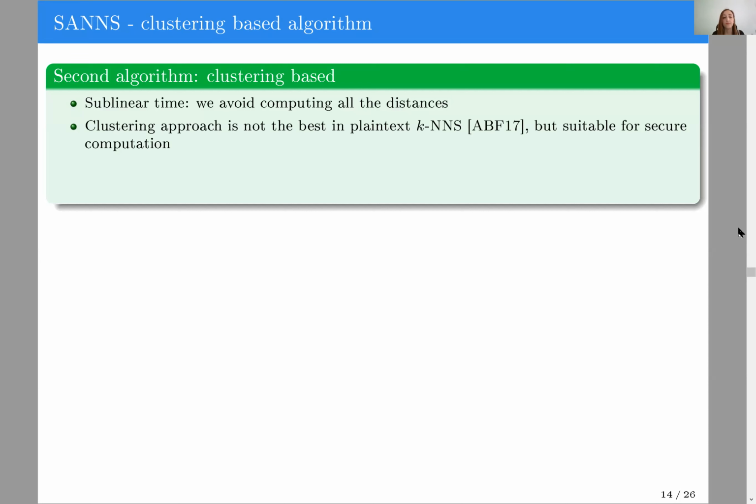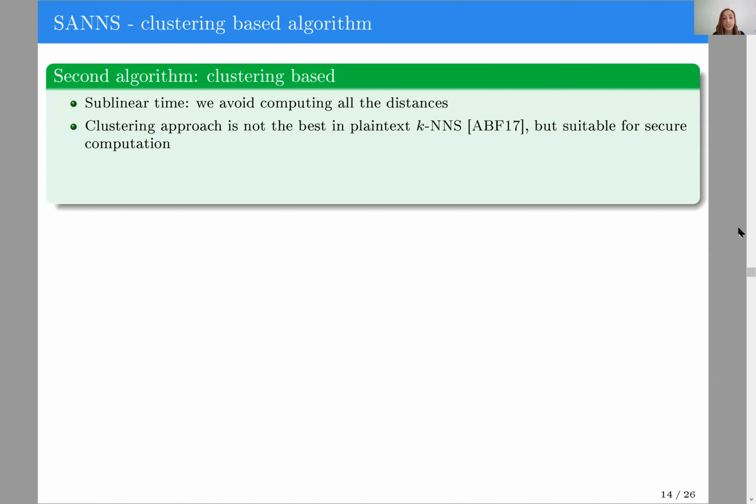The approach is based on clustering the dataset, as I announced before. Generally, clustering-based approaches are not the best for k-nearest neighbor search in the clear, but what we observe is that they are extremely suitable for secure computation. So we decided to use this approach, and we obtained interesting results.